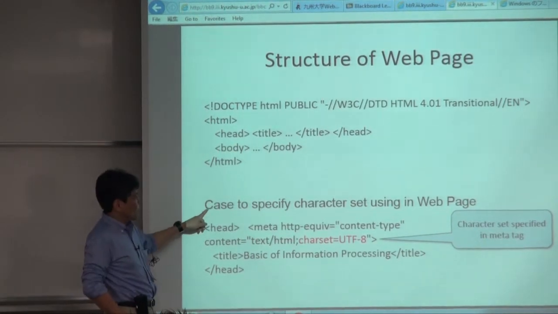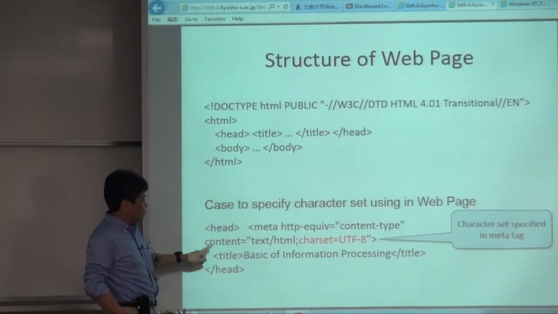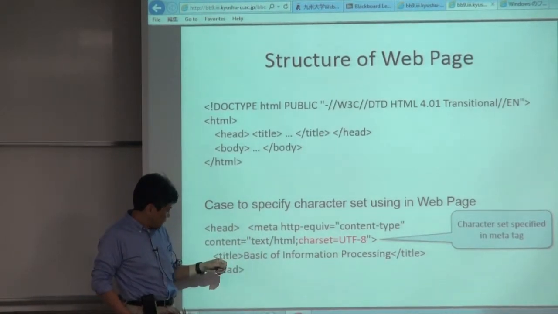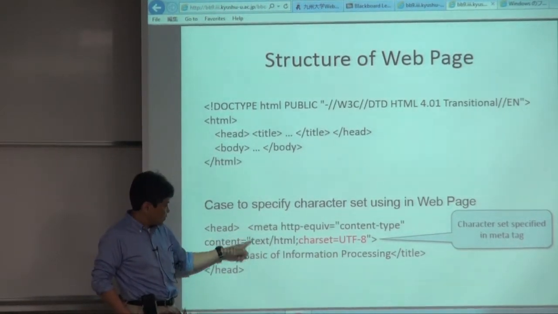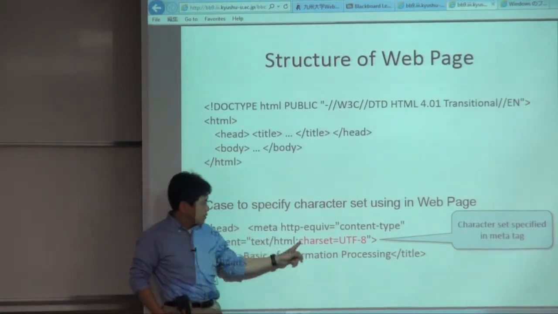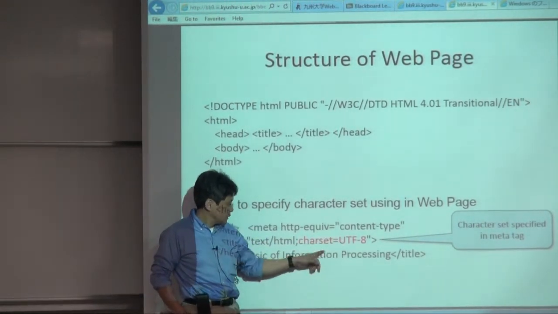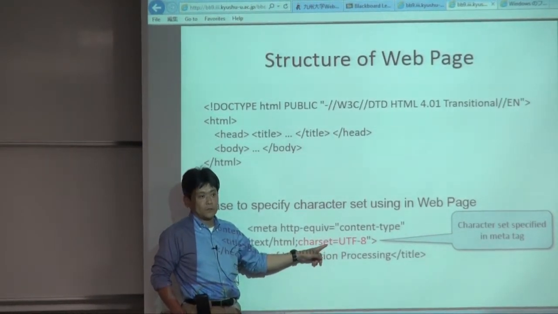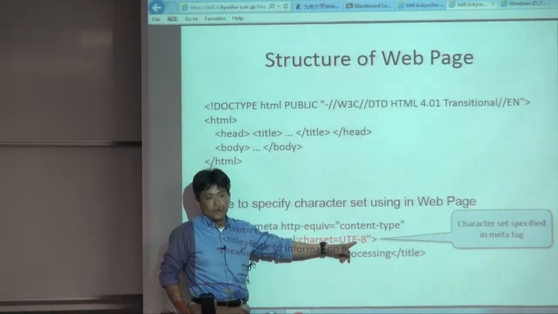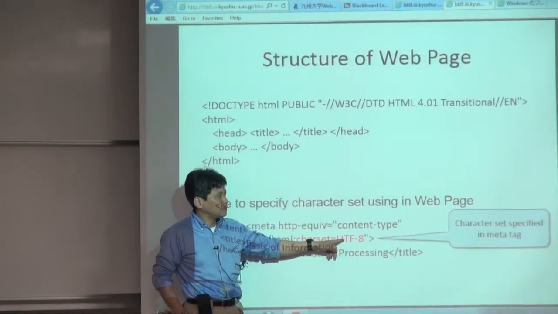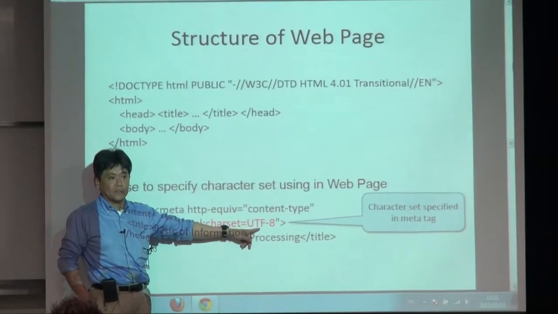So this is also important: using the meta tag. How to specify the meta tag is as shown here. However, you only have to consider this part, where the character set is specified. There are some character sets. UTF is a very useful multi-language character set.